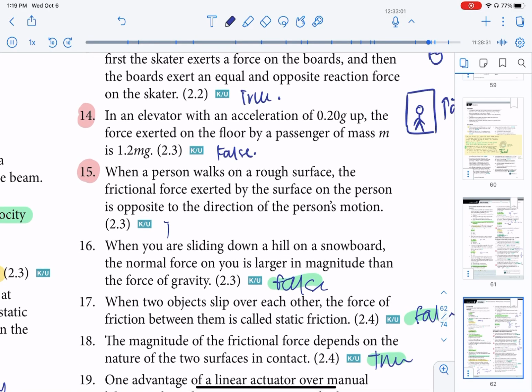There's my car, and it's accelerating that way. So there's my system diagram. Free body diagram is coming next.